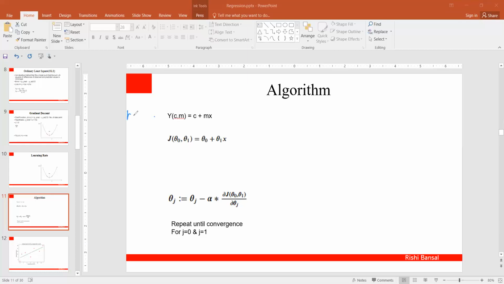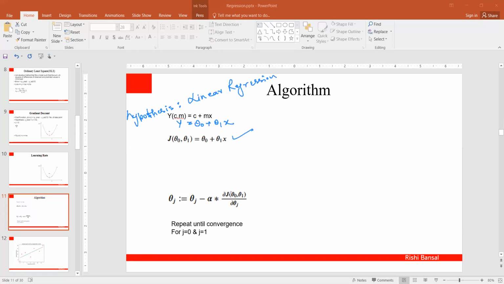This is called the hypothesis for linear regression, simple linear regression, y equal to c plus mx. The same can be written as y equal to theta naught plus theta 1x. So j of theta 1 is theta 0 plus theta 1x.